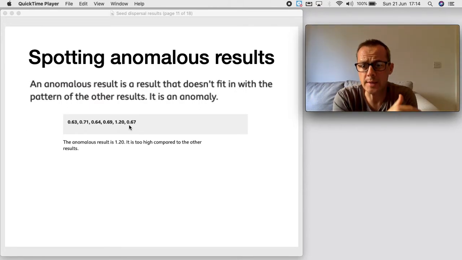Now, to identify an anomaly, you need to spot the odd one out, the one that doesn't fit with the rest of the results. And hopefully all of you can identify that the 1.20 result there is significantly higher than all of the others. So that's an anomalous result. We would discard that. We would not include that in our results table. And if we could, and we would do an experiment, we would repeat that experiment.